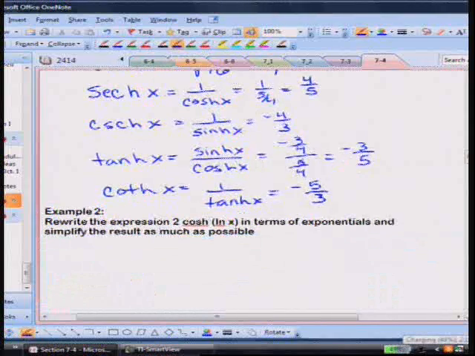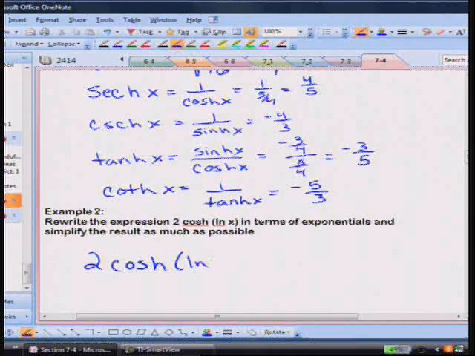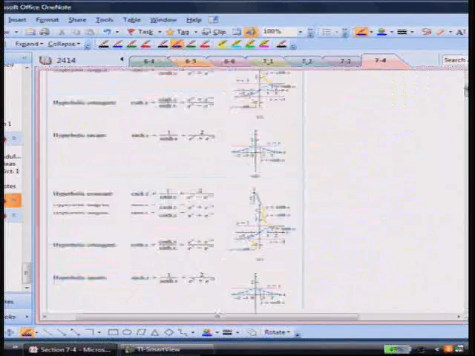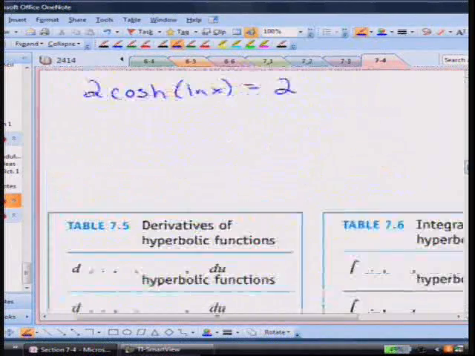All right. Rewrite the expression 2 hyperbolic cosine ln x in terms of exponentials and simplify the result as much as possible. So just remember that the hyperbolic sine and cosine were defined as the breakup of the exponential into its even and odd parts, right? So you can take this 2 hyperbolic cosine ln x, and you can write that as 2 times... Now, hyperbolic cosine is, by definition, e to the x plus e to the negative x divided by 2, right?